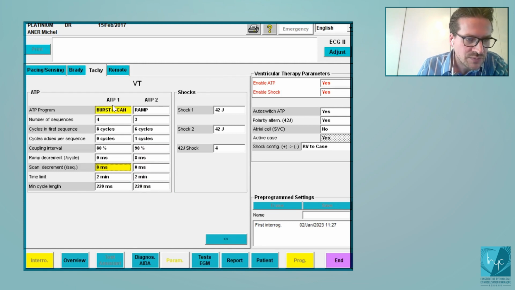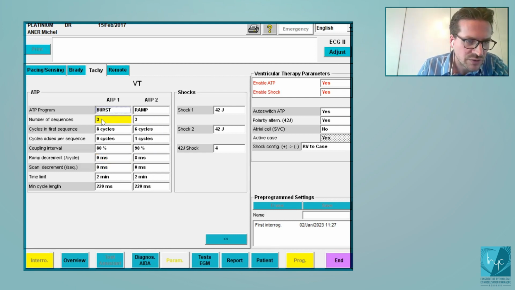So you see, scan. So this is automatic. If I say, okay, I want it to decrement within the ATP, it's not a burst anymore, then it's a ramp. So I think it's kind of smart, but I don't have the experience to change this a lot, I must say.